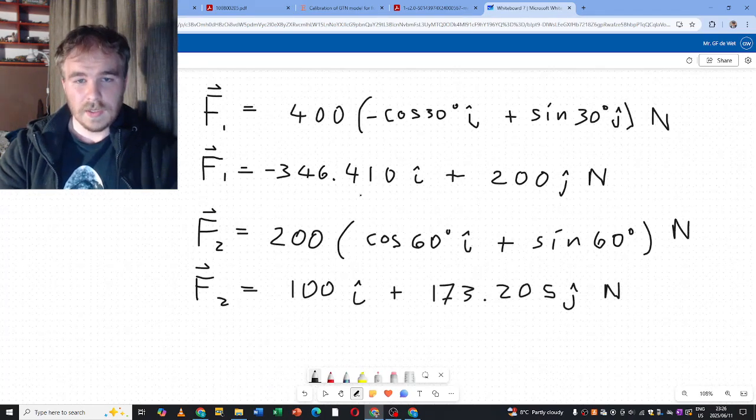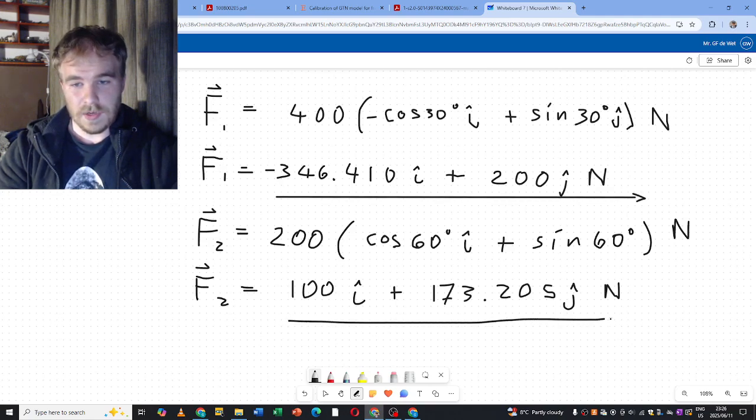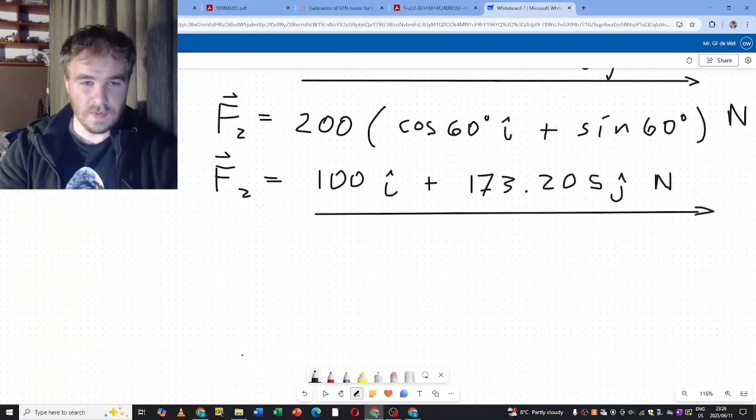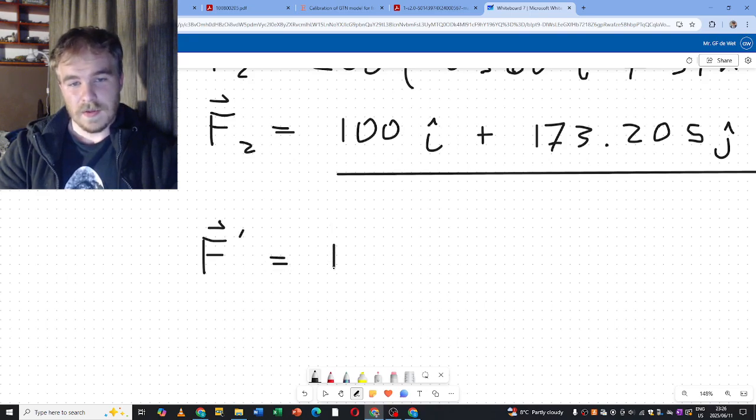Great, okay, so we have the two vectors, the first two we need, and that's F1 and F2. So then we can say that F prime is going to be equal to F1 plus F2.